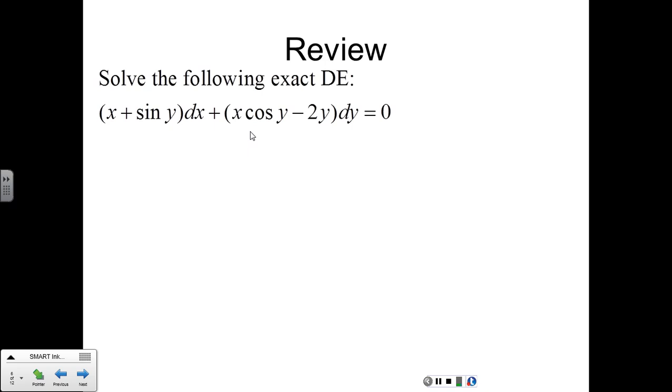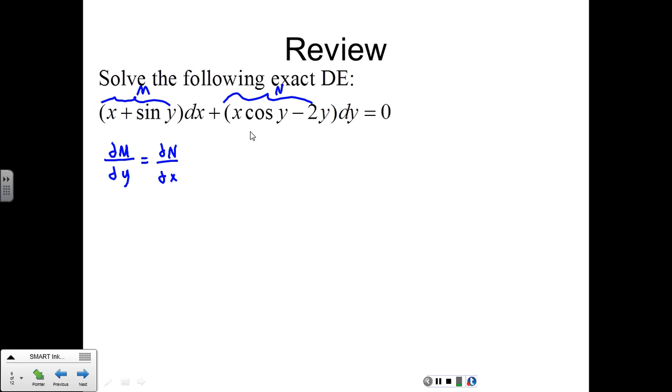We call this first part M, and the second part N. So the test for exactness says that the partial of M with respect to y should equal the partial of N with respect to x. Let's see if that's true.